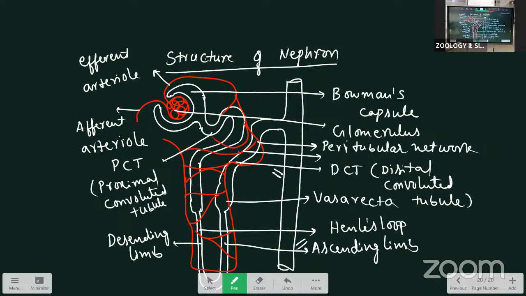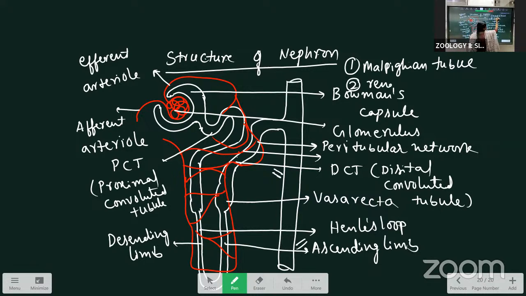See this one. Mainly two components are there in the structure of the nephron. The first one is called the Malpighian corpuscle, also called the renal corpuscle, and the second part we call the renal tubule.